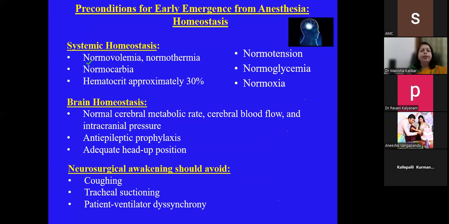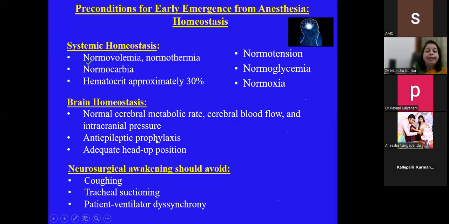Whenever you want to have an early emergence from anesthesia, you need to have three homeostases: a systemic homeostasis, a hemodynamic homeostasis, and brain homeostasis. The patient should be normovolemic, normothermic, normocarbic, with good hematocrit, normotensive, normal blood sugar levels, normal oxygen saturation, with normal cerebral blood flow and intracranial pressure.